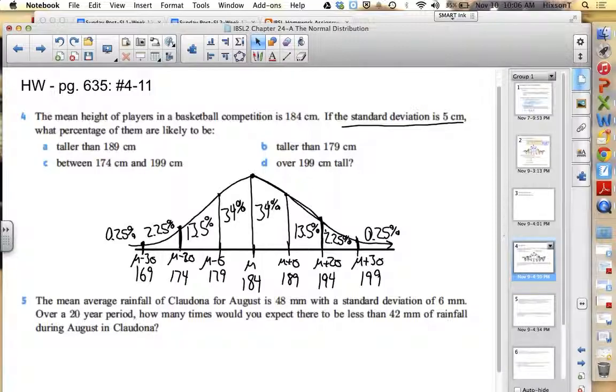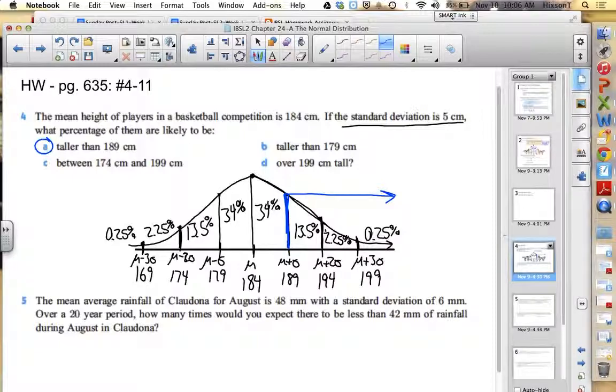Alright, so now we look at our different questions. How many are taller, or what percent are taller than 189 centimeters? We're going to come over here to 189, and then what percent is to the right of that? 16%.